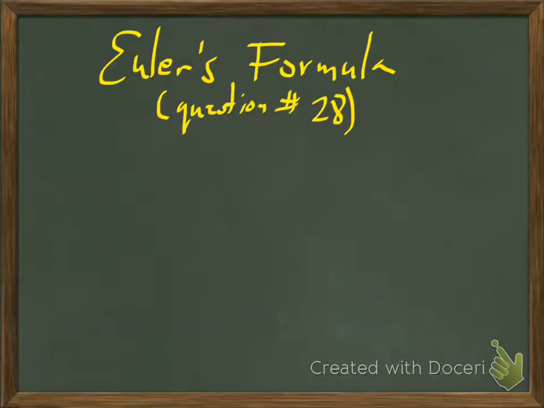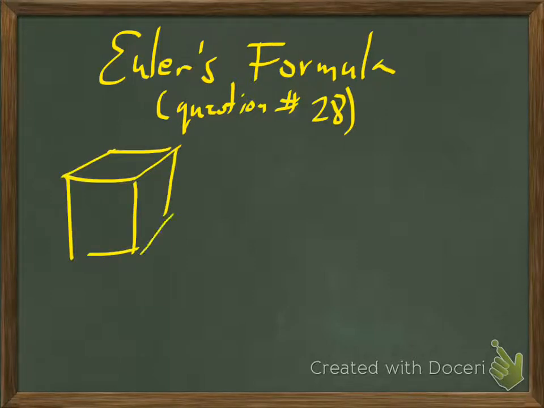One of my favorite things that you can study when you're looking at polyhedrons is Euler's Formula. So let's go ahead and quickly sketch a cube. And again, you don't have to spend a lot of time on it. You can make it pretty rough, but you can convey the idea of a cube here. Let me fix that one side in the back. All right, now Euler's Formula talks about the definitions that we had on the very first page. Remember we have vertices. Those are the points.